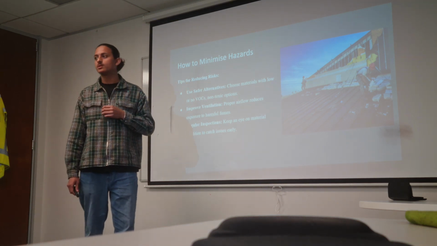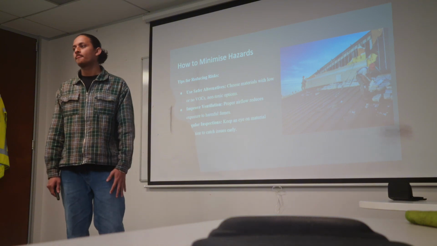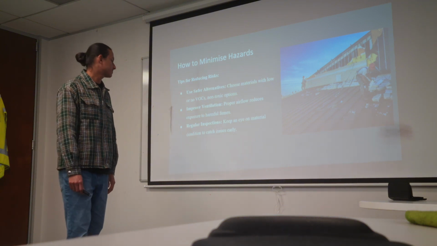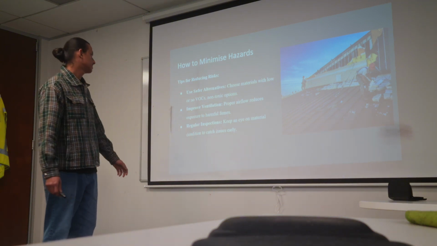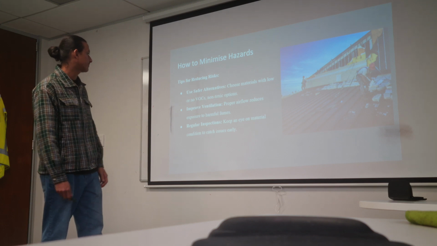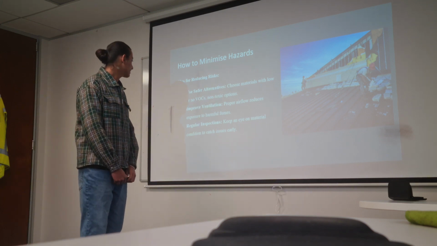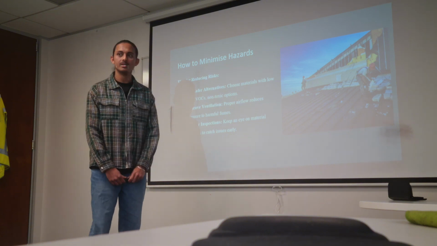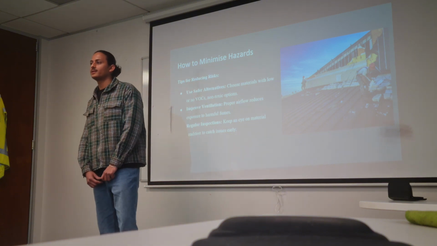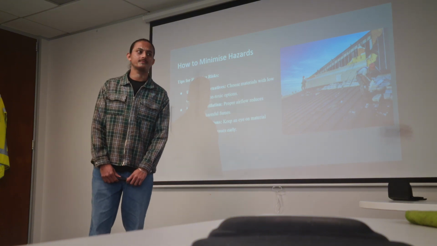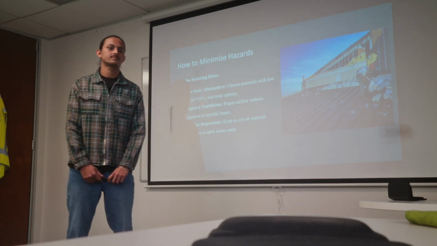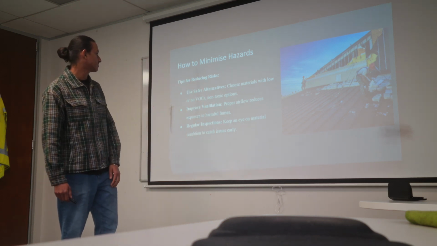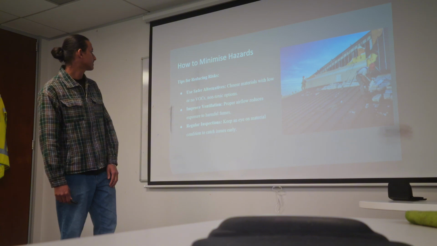Ventilation also helps to reduce the moisture in the building. Regular inspection. Keep an eye on material condition to catch issues early. A regular check of the building conditions, and potential hazards should be inspected early.